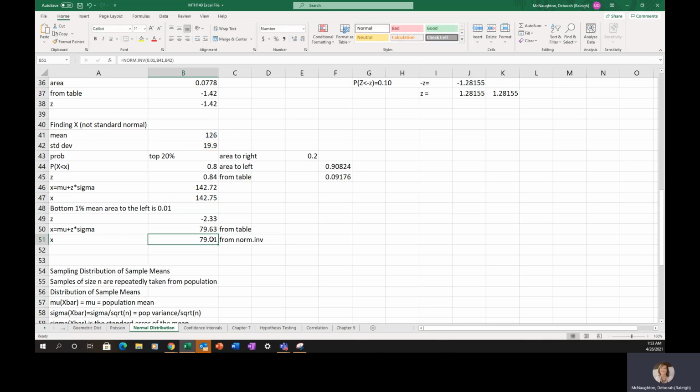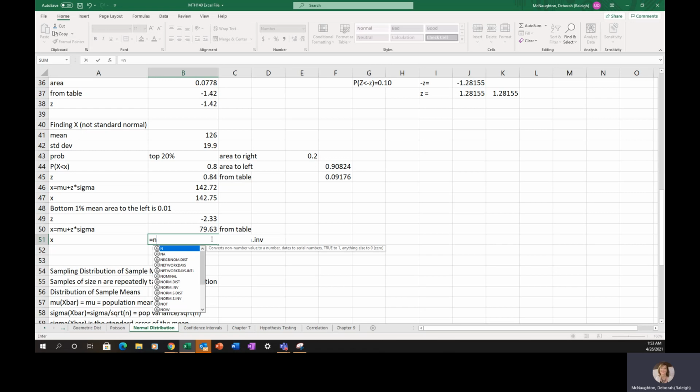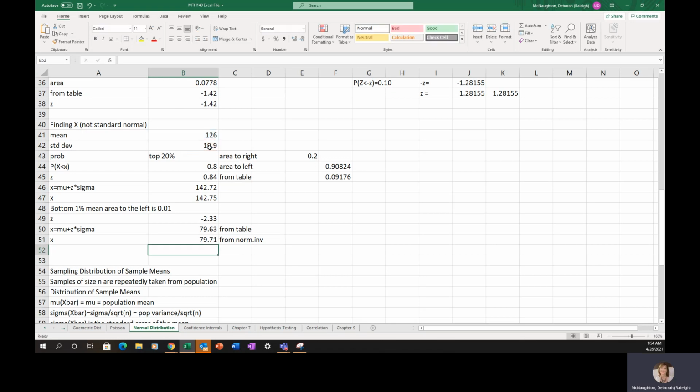So we're just going to go equal norm.inv, tab, and then our probability, 0.01, comma mu, comma sigma, and that's it. And that gives me the bottom 1%.